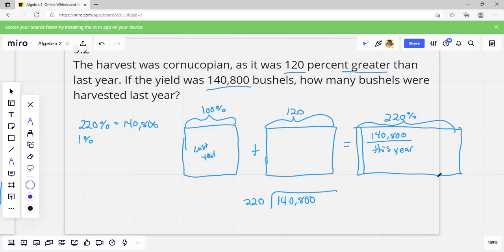I'm going to try 7. 7 times 0, 0. 7 times 2 is 14. That didn't work out. I need my calculator. Let's try 6 right there. 6 times 0 is 0. 6 times 2 is 12. 6 times 2 is 12, 13. There we go.